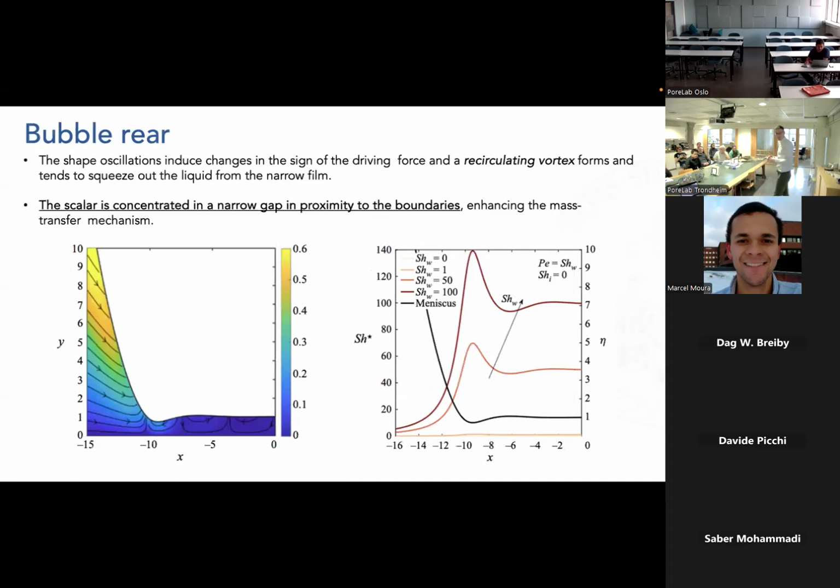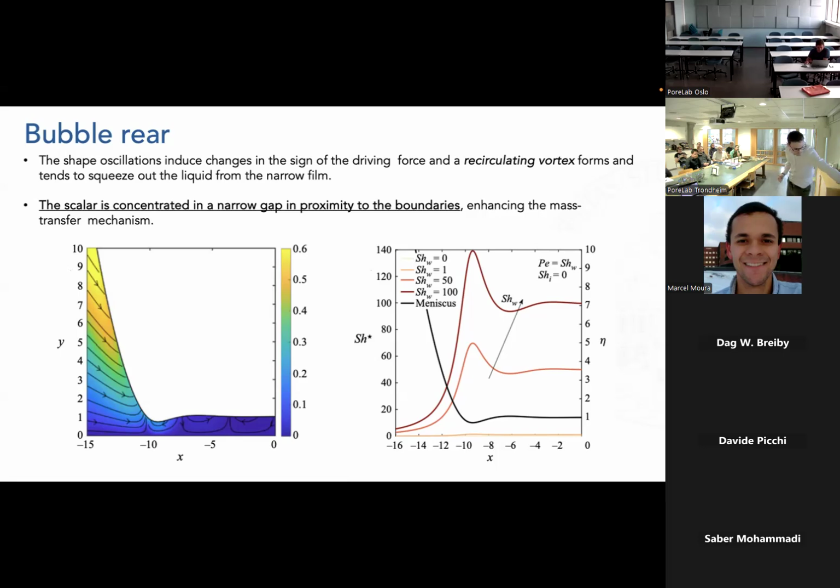And interestingly, in the back of the bubble, the situation is even more crazy. If you remember, at the back of the bubble, the bubble profile has this type of oscillation. It means that there the velocity also can change direction.